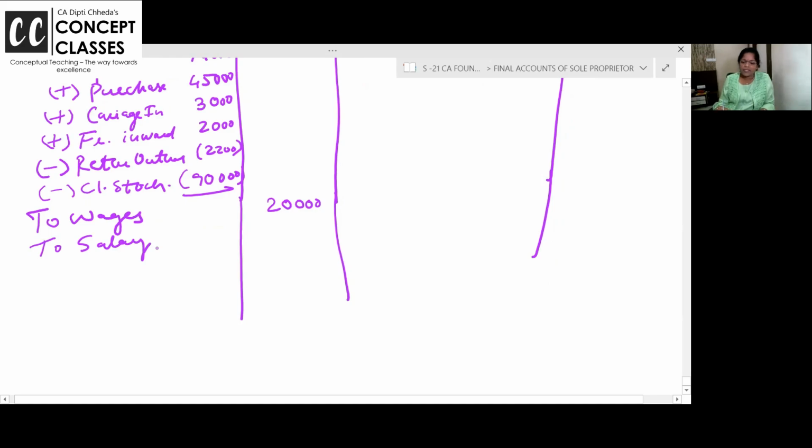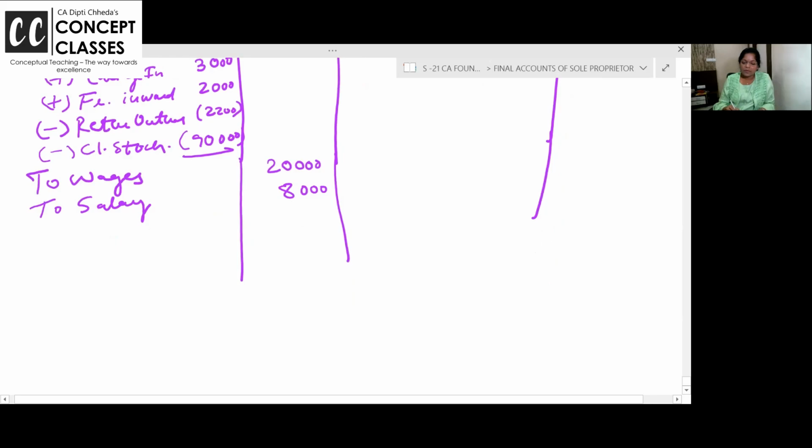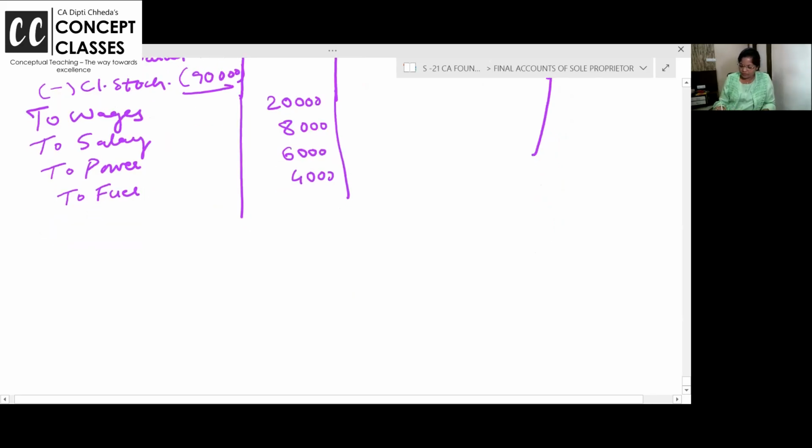Salary of works manager, 8,000. Power, 6,000. Fuel, 4,000. Just these are all the expenses related to factory.